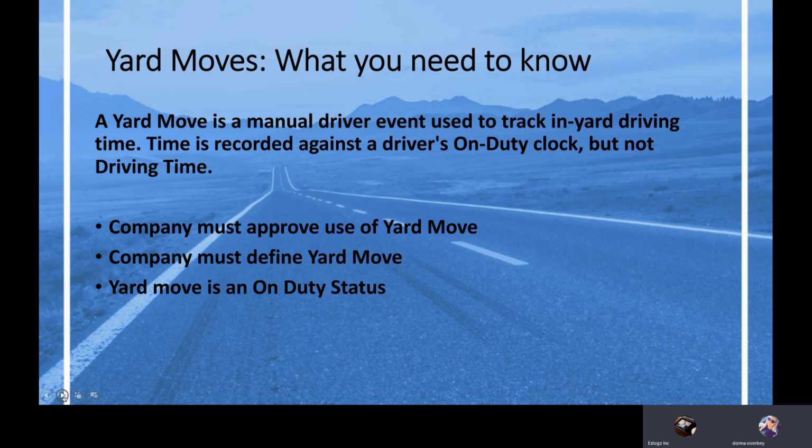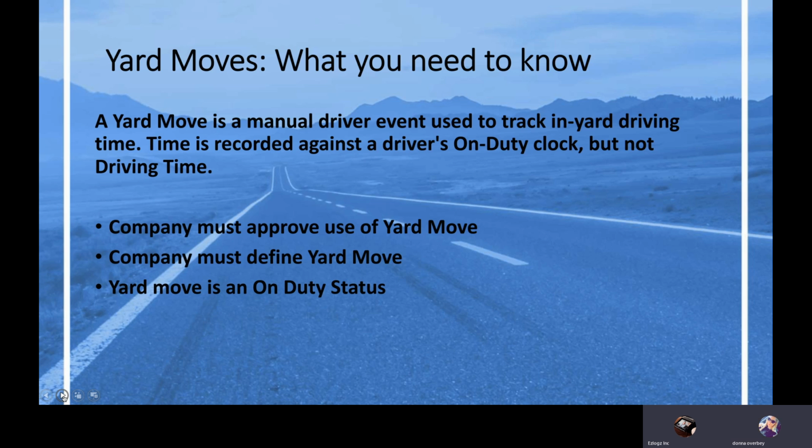Yeah. So basically, the best way to go about this is when you are updating your company policy, because everybody needs to have a company policy in place. When you're updating your company policy with your ELDs, you need to outline and break down what is allowed under your company policy in yard mode and personal conveyance mode.